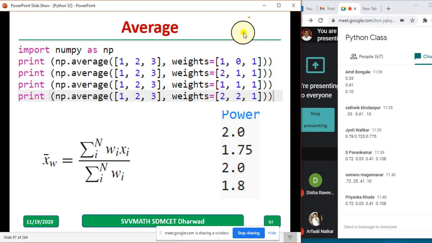I will give 30 seconds. Otherwise, I will give the explanation. You have 30 seconds. Try to understand. Use that equation. Fill that weight followed by the number divided by total weight.